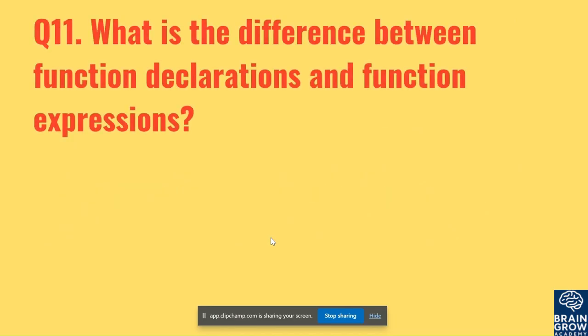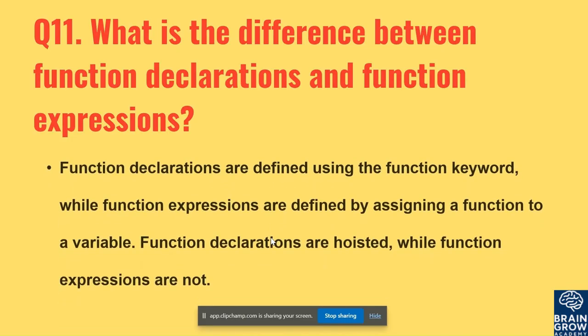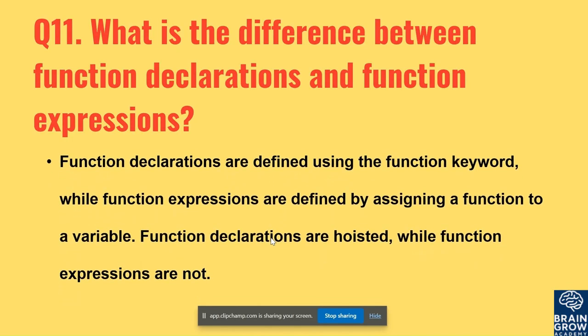And what is the difference between function declaration and function expression? There are different types of function declarations. When we use the function keyword directly, that is a function declaration.